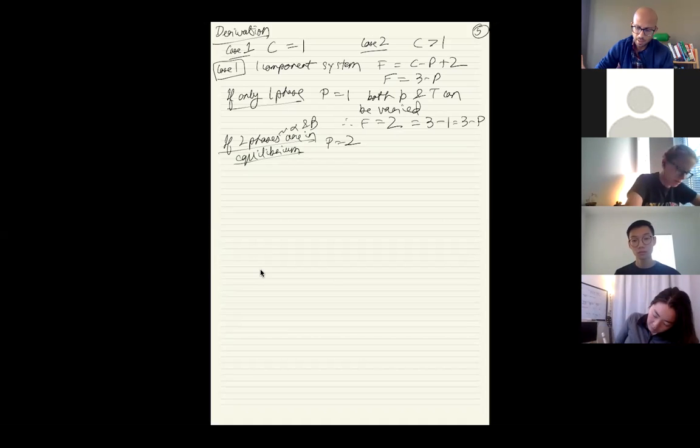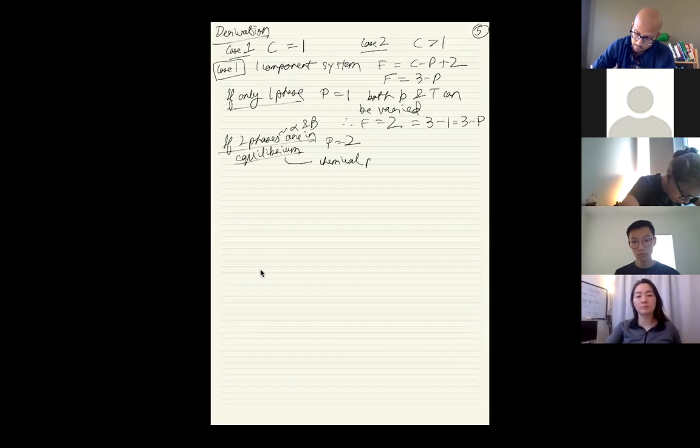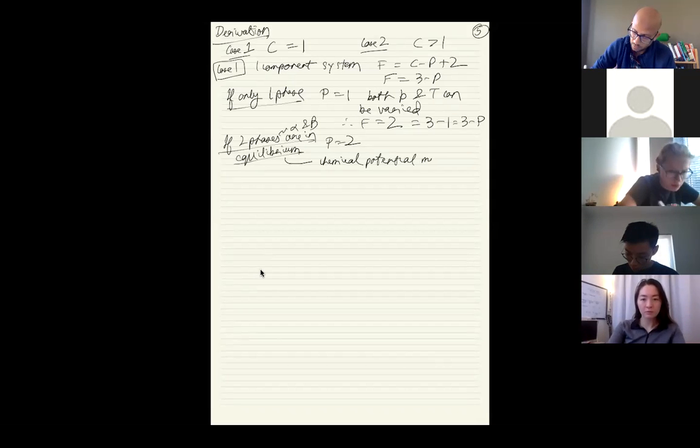Why? Because as soon as we have two phases in equilibrium, now we have a constraint. The constraint is the one of chemical potential, right? The chemical potential must be the same. Which chemical potential are we talking about? We are talking about a one component system. So the chemical potential of that one component must be the same.